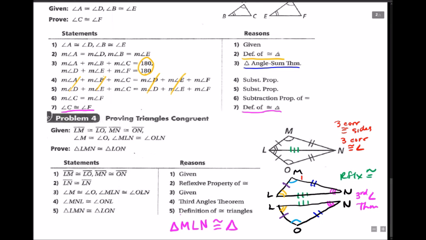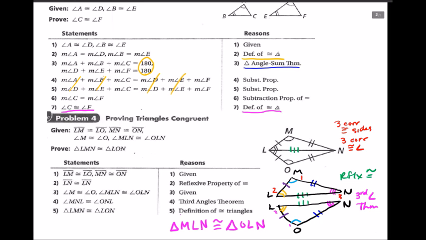Because there's 1 congruent mark there, 2 congruent marks there, and 3 congruent marks there. And I do that so that when I look at my other triangle, I go, oh, well, that's just OLN. Because it goes 1, 2, 3.